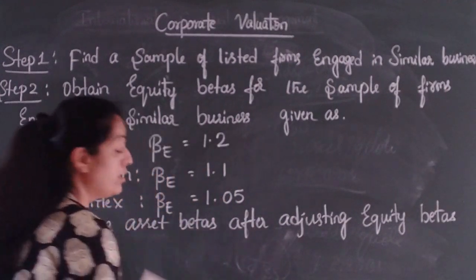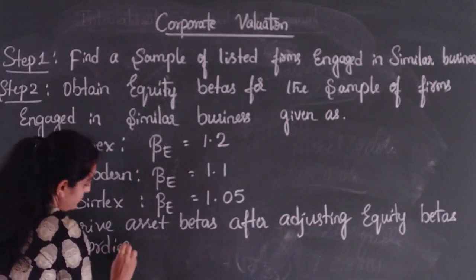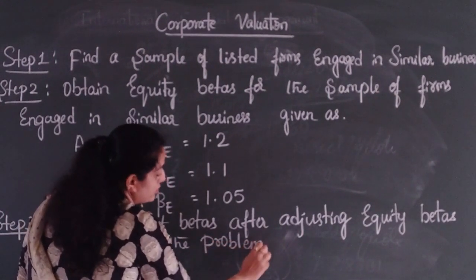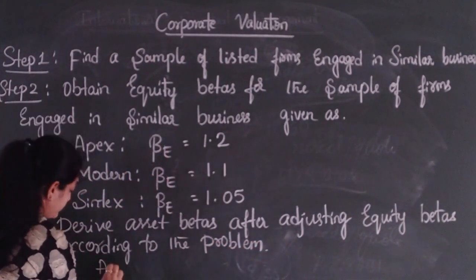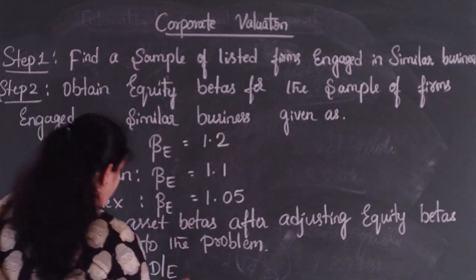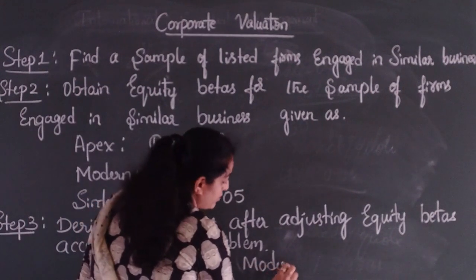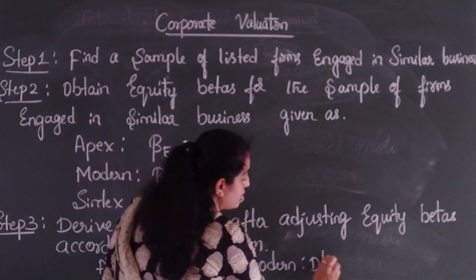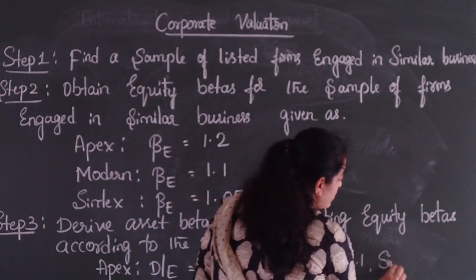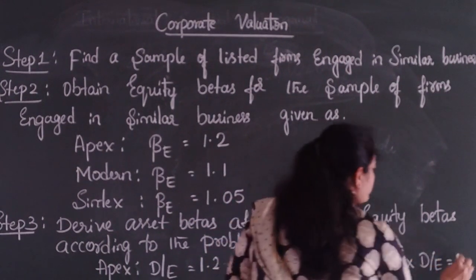After adjusting equity betas according to the problem, Apex debt equity is 1.2, Modern debt equity is 1.1, Syntex debt equity is 1.2.